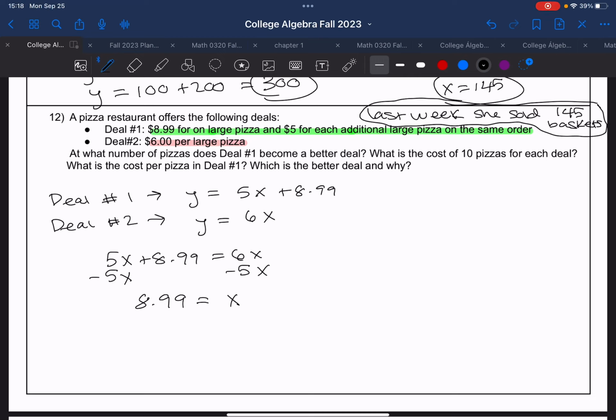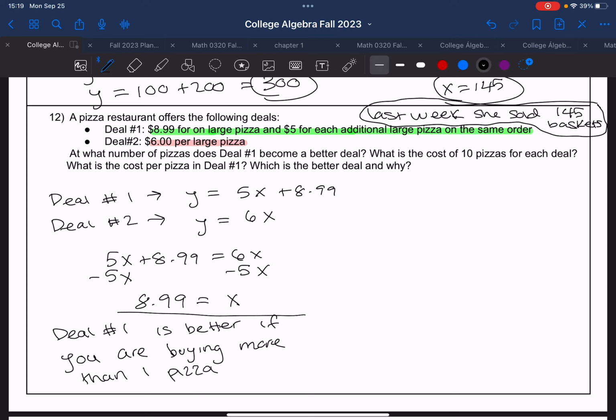So this is saying that deal number 1 is better if you are buying more than one pizza.